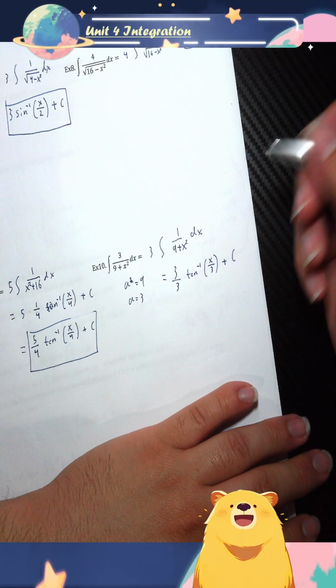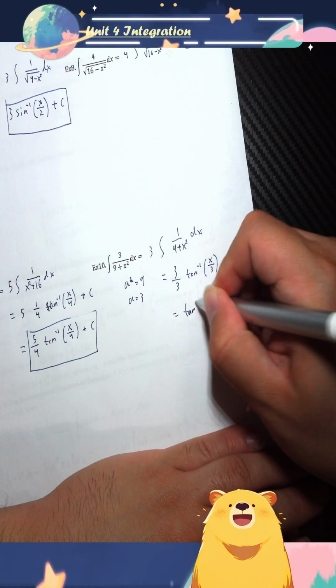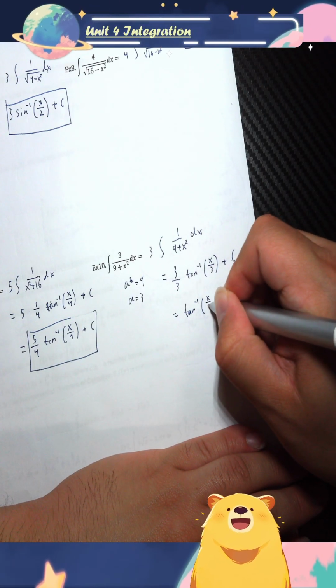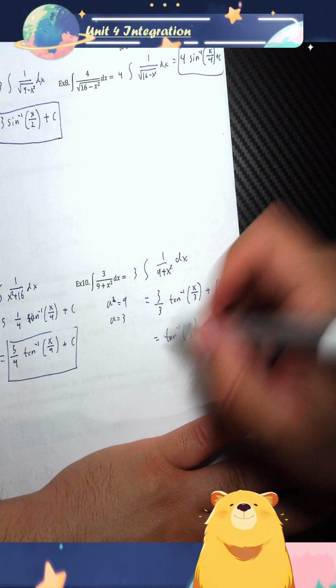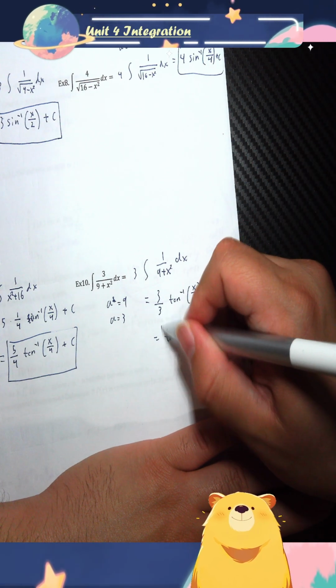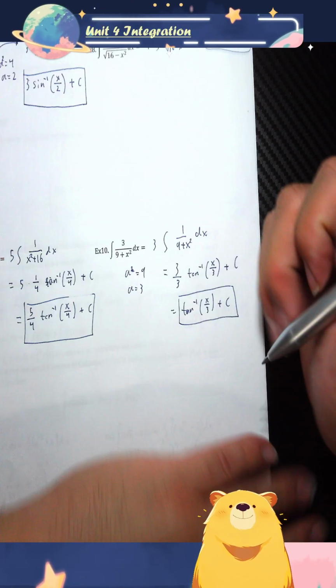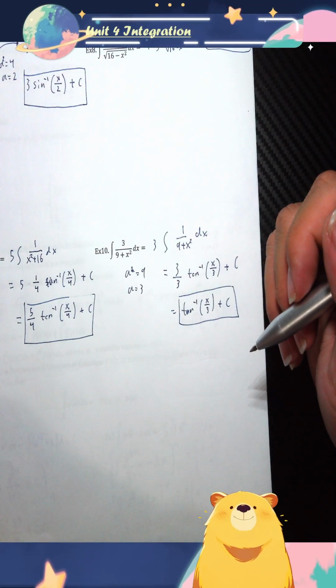And then here, we know that just simplifies to 1. So the answer has a further simplification, tangent inverse of x over 3 plus c. And that's pretty much it. So that's going to be your answer for all of these guys.